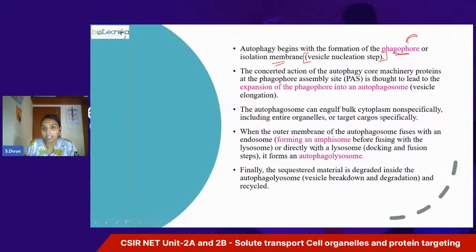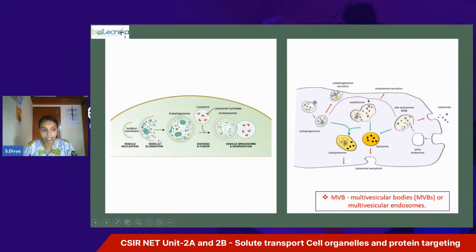The concerted action of autophagy core machinery proteins at the phagophore assembly site. Phagophore assembly site is the region where the phagophores are generated. Phagophores are nothing but a double membrane structure. This leads to expansion of the phagophore into an autophagosome. We call it vesicle elongation.